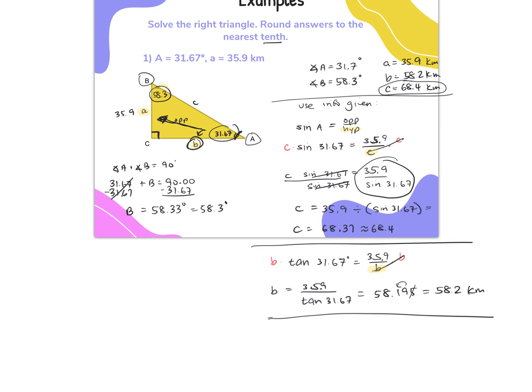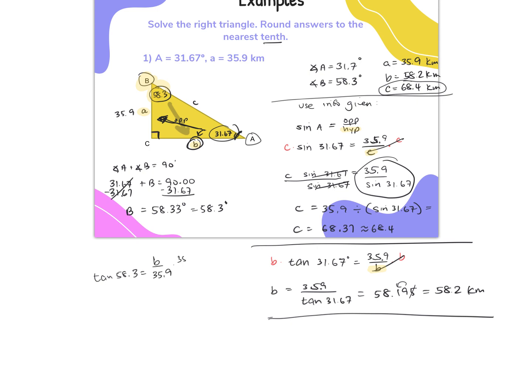Had I chosen to use angle B, my setup would have been a little different. If I had used angle B to find side b, which is opposite, I could have done the tangent of 58.3 equals the opposite b over the adjacent 35.9.